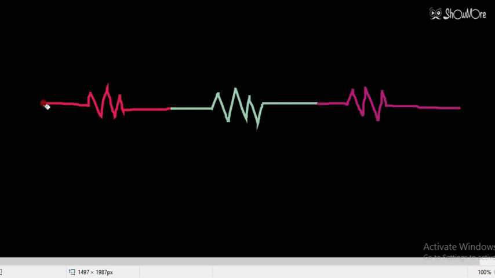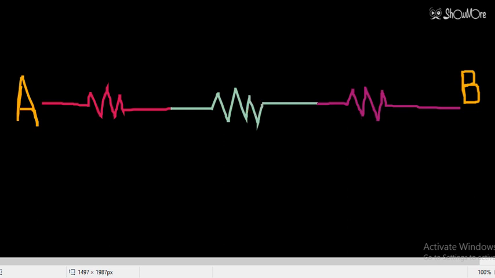The most useful trick is, whenever you have to find the resistance between two points, let's suppose this is point A and this is point B, I will connect a battery across those two terminals.